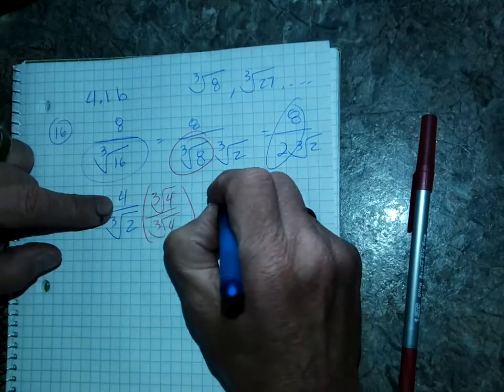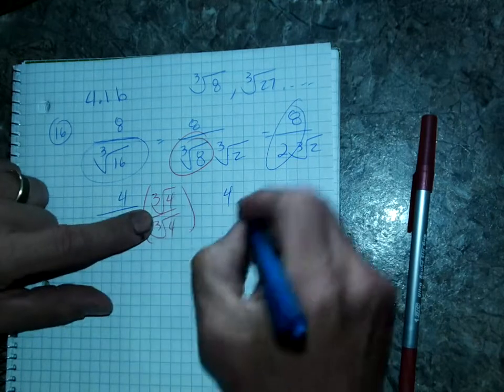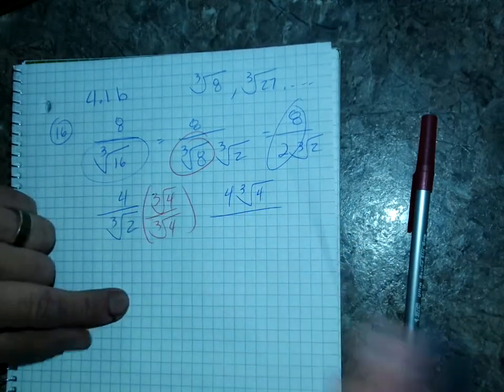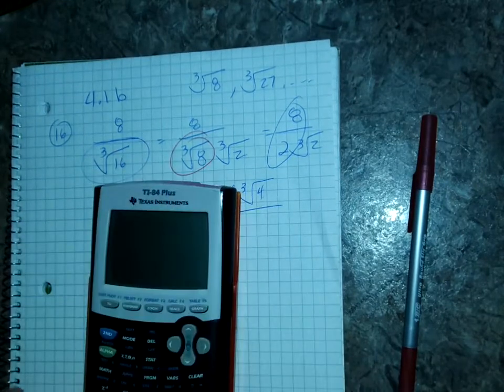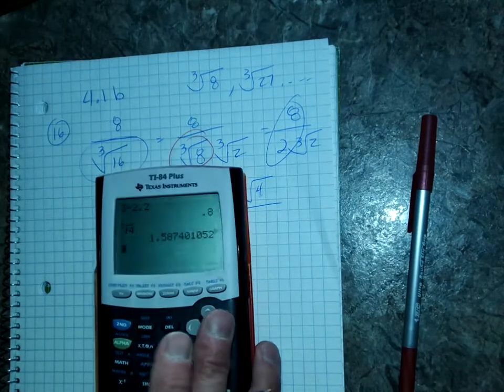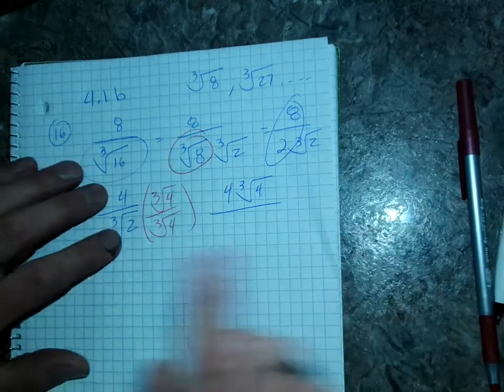So I'm going to get a 4 times the cube root of 4, which there is no cube root of 4. It's an ugly number. I'll show you. If you go to your math button in your calculator, here's my cube root. 4, ugly decimal, leave it the way it is, okay? All over cube root 8.